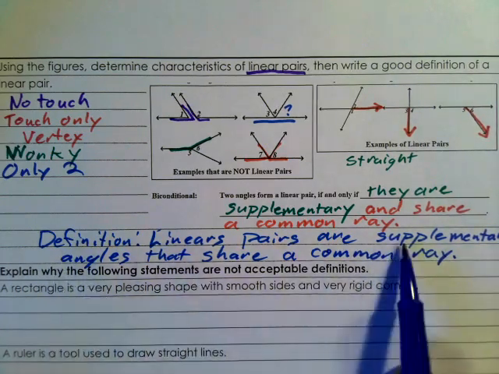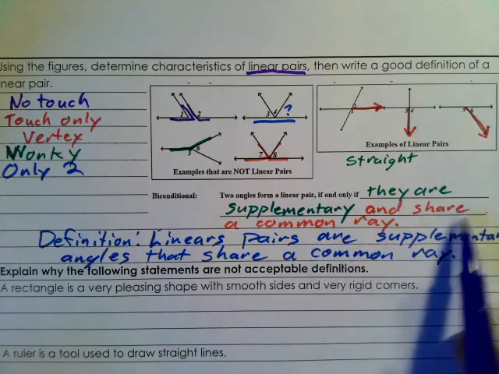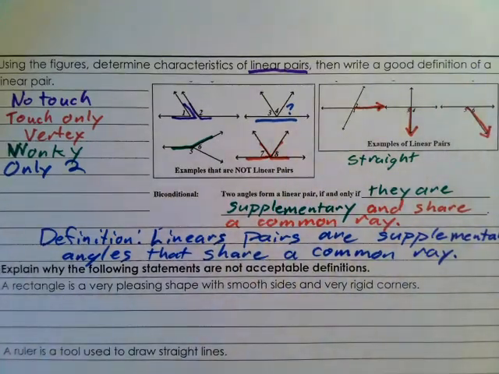So this is our definition version, and this is our biconditional version of that same definition. And that's us writing a definition. That's what linear pairs are.